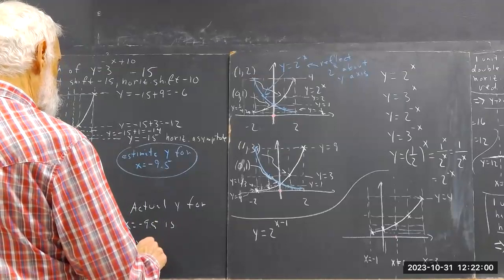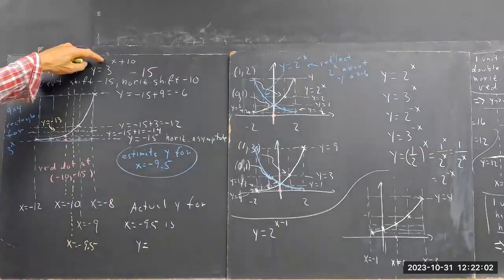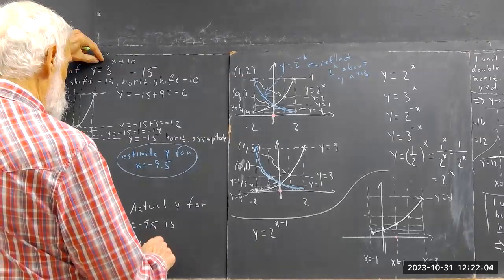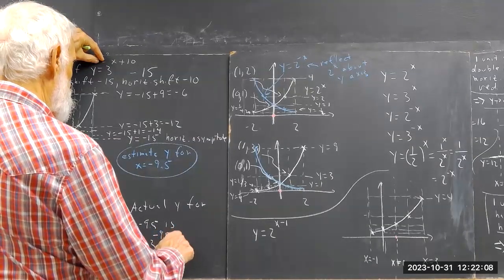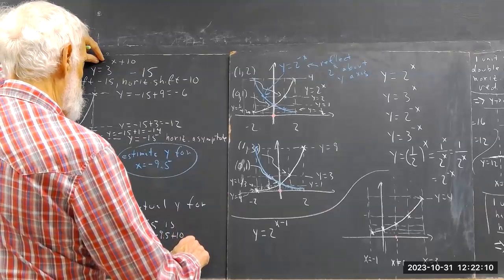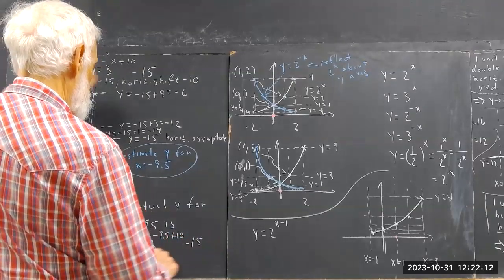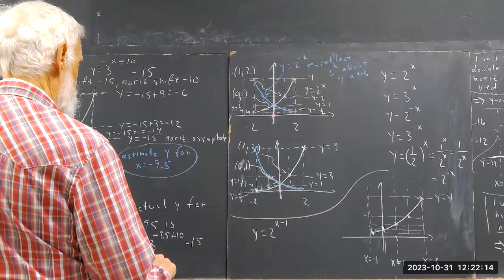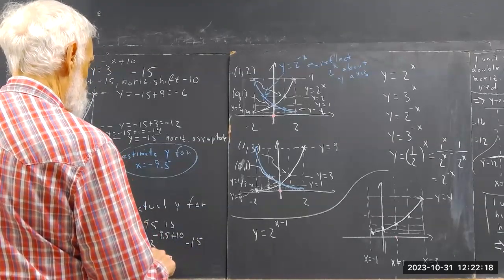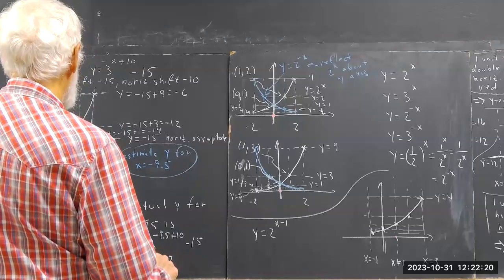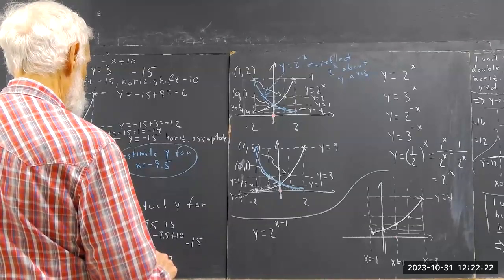and the actual y is going to be y equals, but we're going to replace x by negative 9.5. It's 3 to the negative 9.5 plus 10, minus 15. And that's approximately negative 13.27.